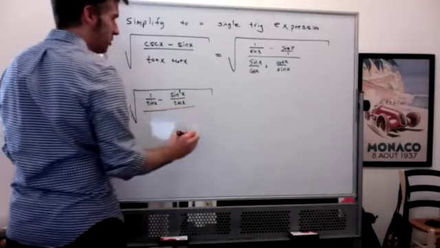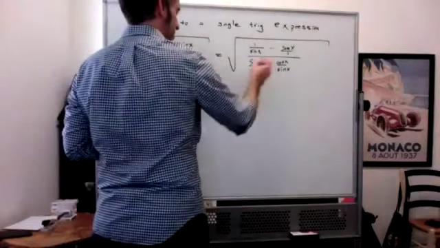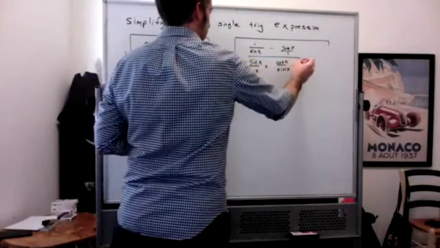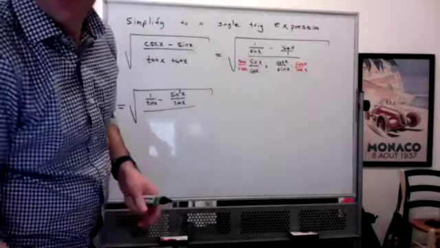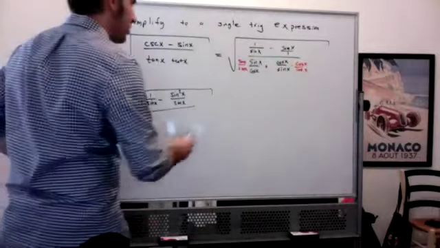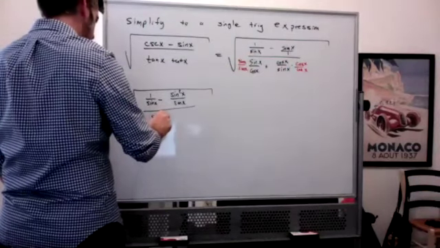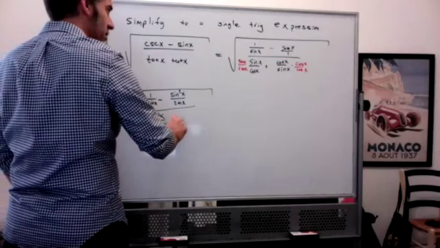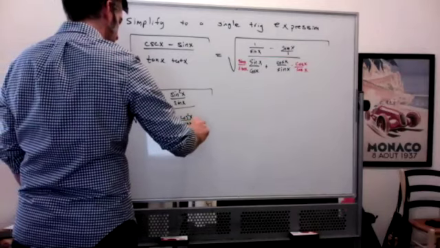In the denominator, I need a common denominator, so I'll multiply this by sine over sine, and this by cosine over cosine. Let's see what we get. Sine times sine is sine squared x over sine x cosine x plus cosine squared x over sine x cosine x.